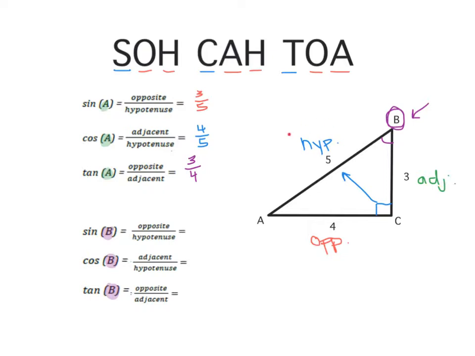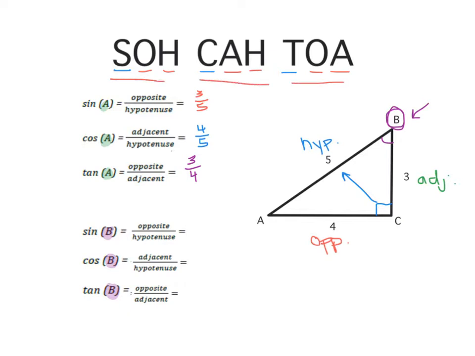So again, hypotenuse, always the side opposite the right angle. Adjacent, always the side connected to your angle, that's not the hypotenuse. And opposite is always the line on the other side of the shape, not connected to the angle in question.